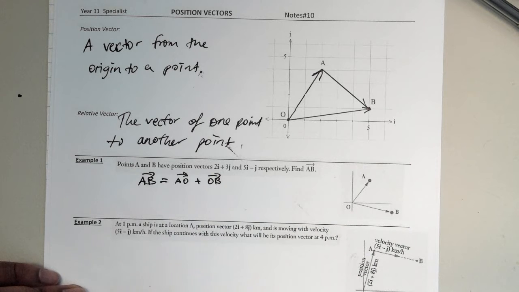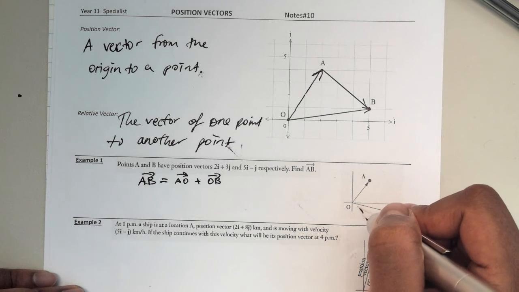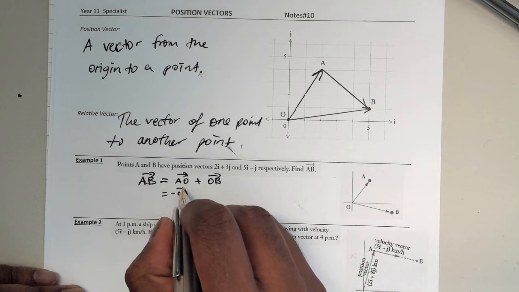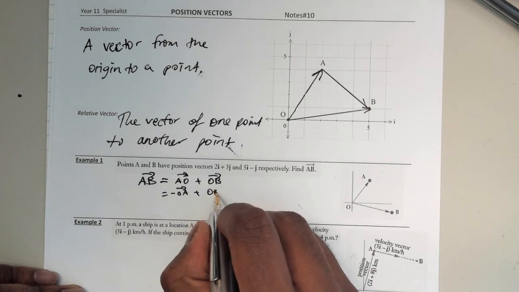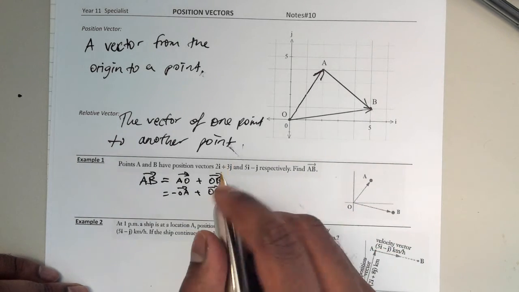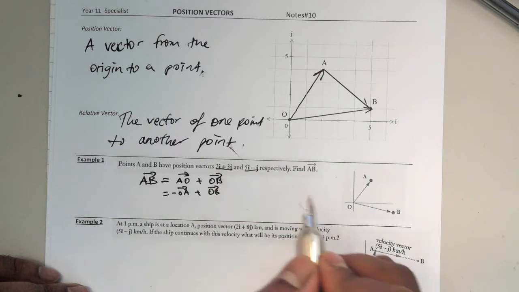Now hold the phone, because AO is actually negative OA, and OB is already a position vector.